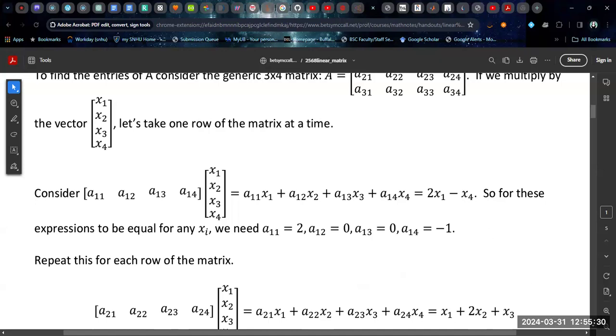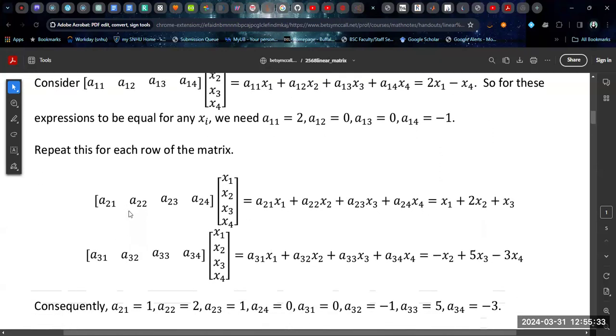Now, if we repeat this for each row of the matrix, multiply the next row by this, we get this expression. So that means A21 would have to be 1, and A22 would have to be 2, and A23 would have to be 1, and A24 would have to be 0 since there's no x4.